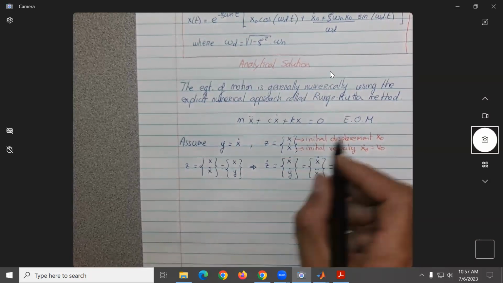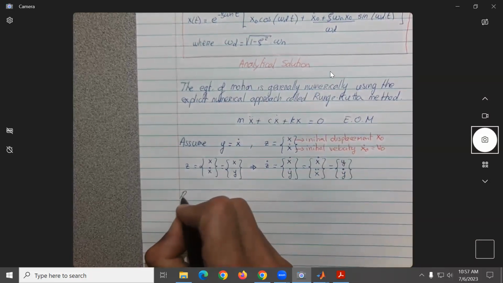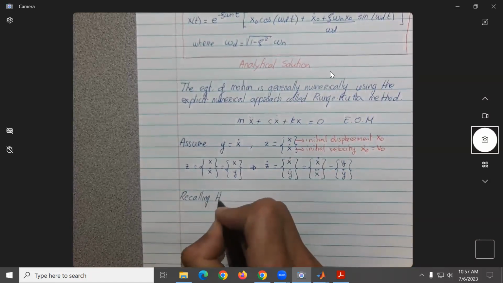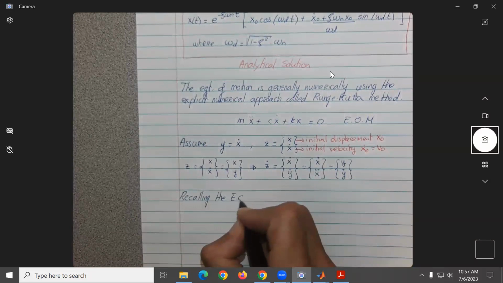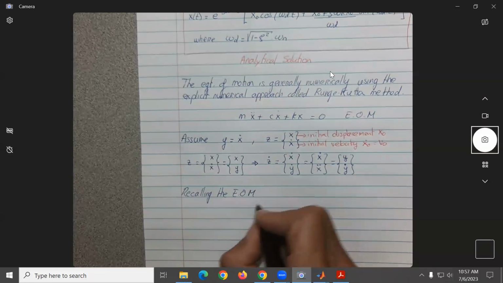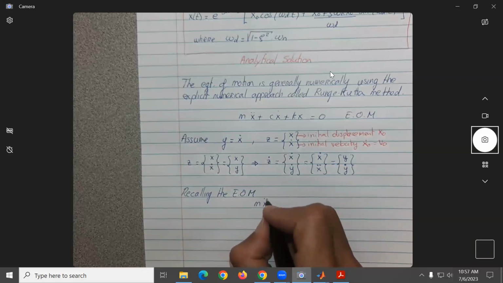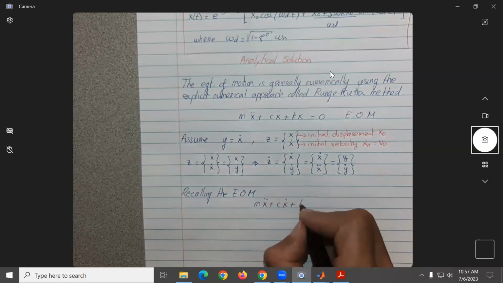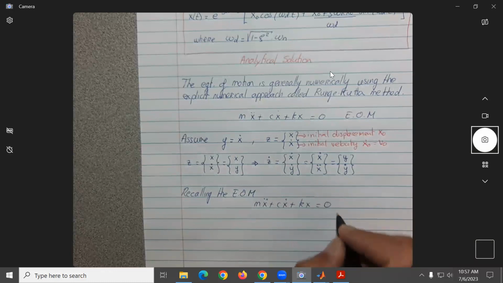Now, recalling the equation of motion, we have m x double dot plus c x dot plus k x equals 0.